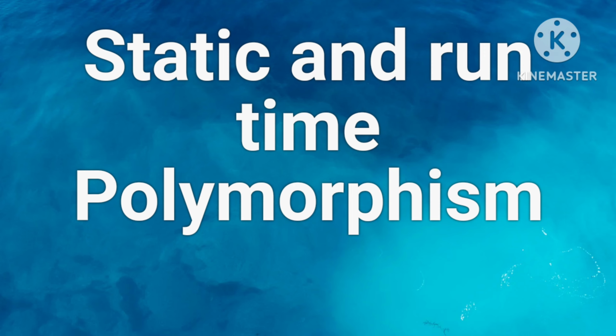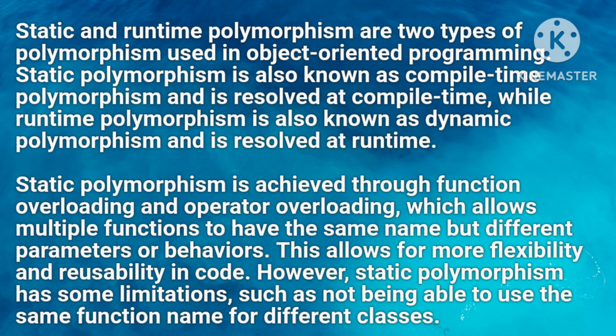Static and runtime polymorphism. Static and runtime polymorphism are two types of polymorphism used in object-oriented programming. Static polymorphism is also known as compile-time polymorphism and is resolved at compile time, while runtime polymorphism is also known as dynamic polymorphism and is resolved at runtime.